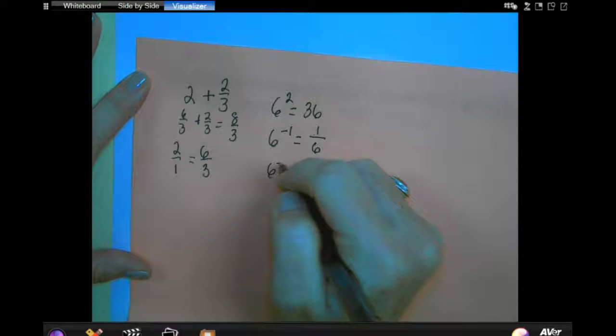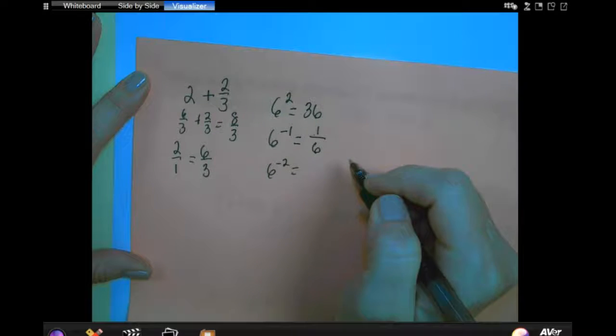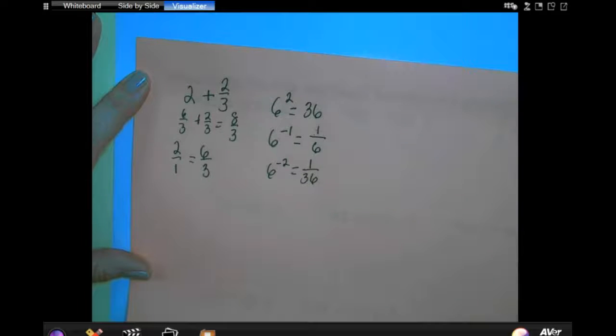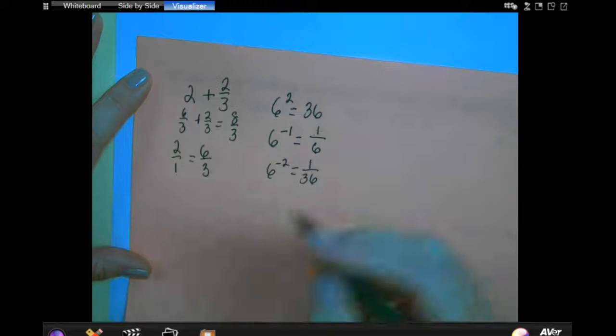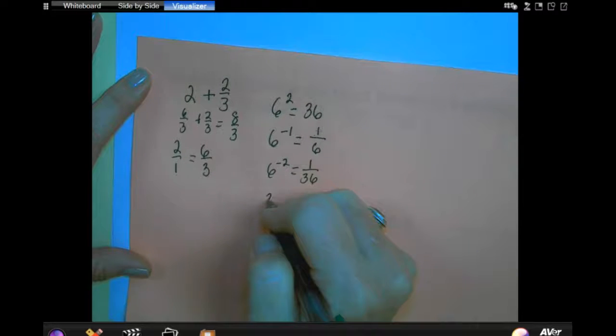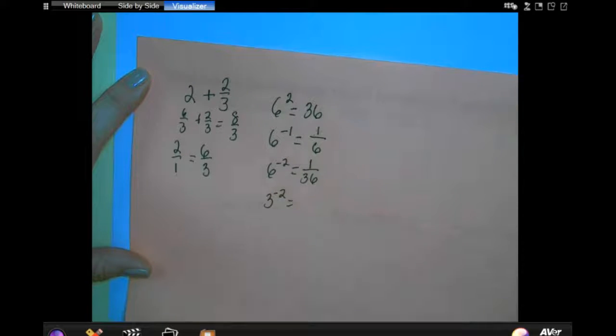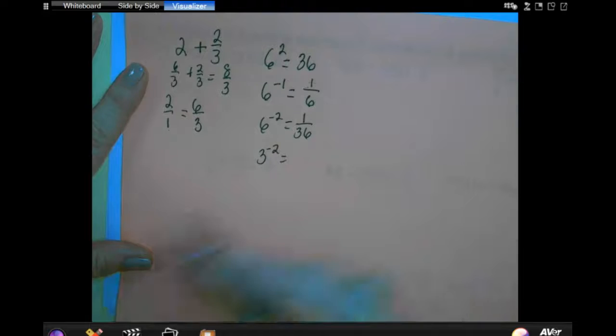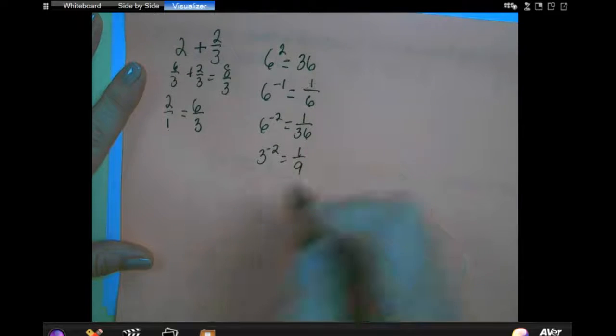So 6 to the negative 2 would be 1 over 36. Okay, 3 to the negative 2. It's 1 over 9.